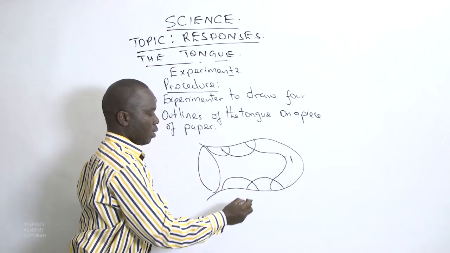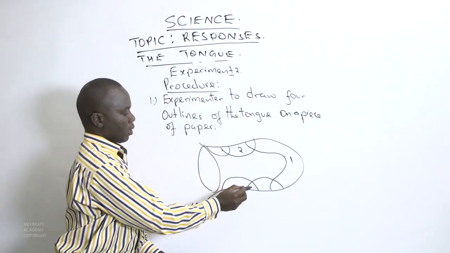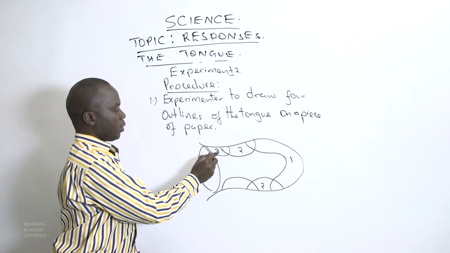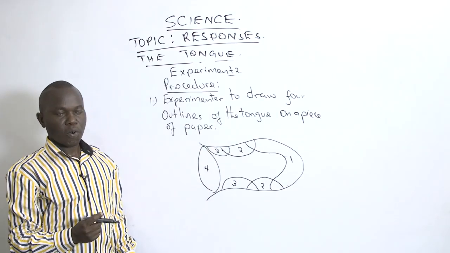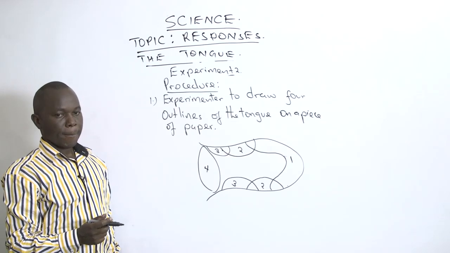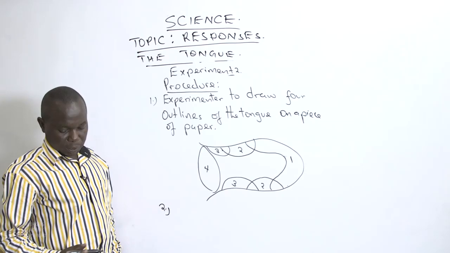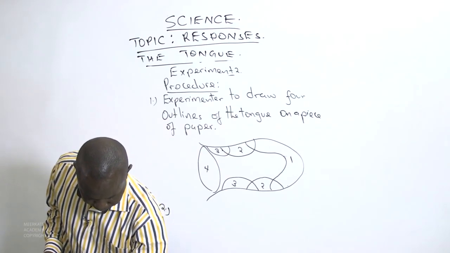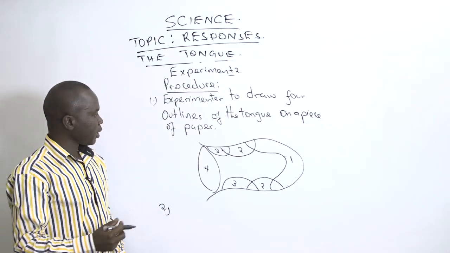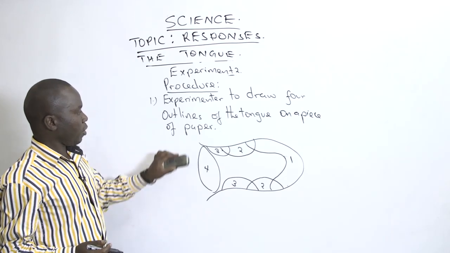This one is the same as that. Number 2, this is the same as this. Number 3, and then 4, on a piece of paper. Then let the subject, procedure number 2. I hope this is clear.